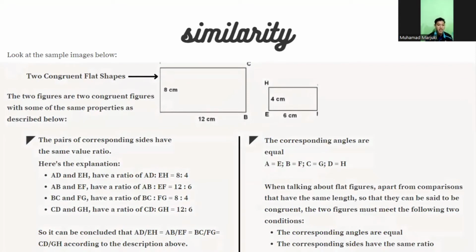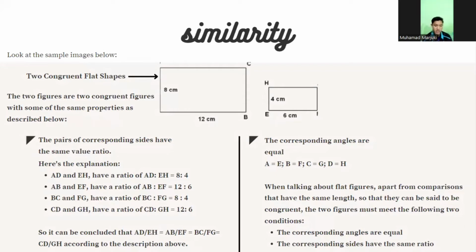Next, similarity. Look at the sample image below. Two similar flat shapes are two figures with some properties as described below. The pairs of corresponding sides have the same ratio. Here is the explanation.